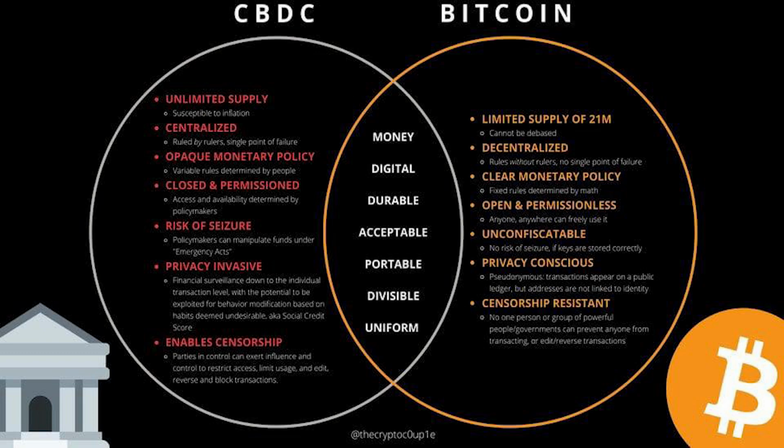Risk of seizure, policymakers can manipulate funds under quote-unquote emergency acts. Privacy invasive, financial surveillance down to the individual transaction level, with the potential to be exploited for behavior modification based on habits deemed undesirable, aka social credit score. Think China.